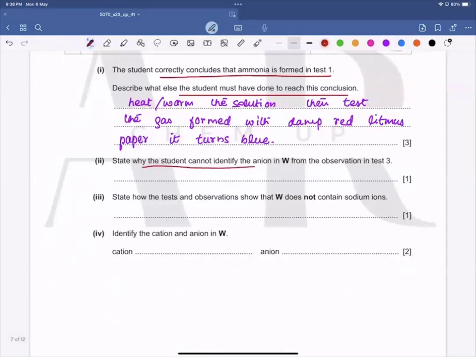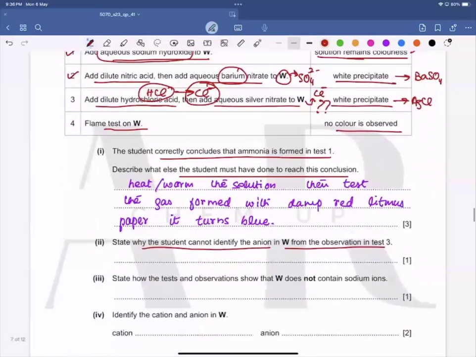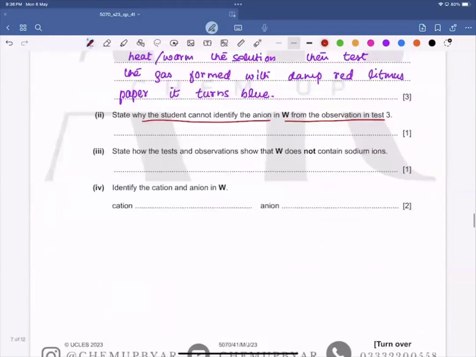State why the student cannot identify the anion in W from the observation in test 3. Very good question. We are adding hydrochloric acid, and hydrochloric acid also contains chloride, so it is doubtful whether W has chloride or not, because we added chloride ions ourselves.